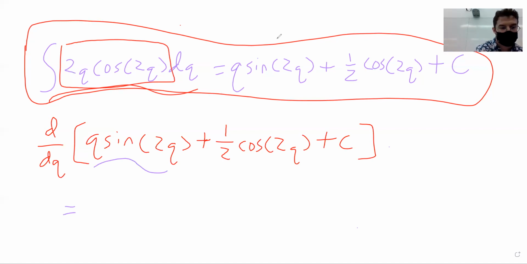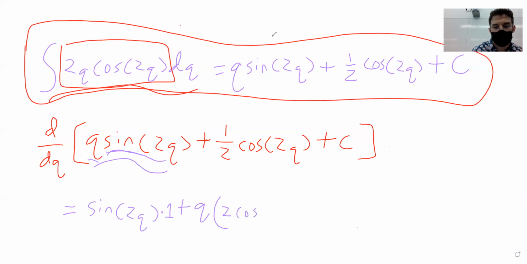We can think about this as sine of 2Q times the derivative of Q, which will be 1, plus Q times the derivative of sine 2Q, 2 cosine of 2Q.